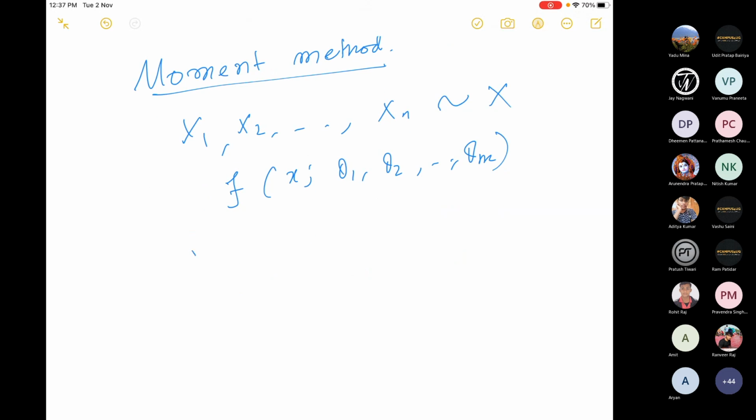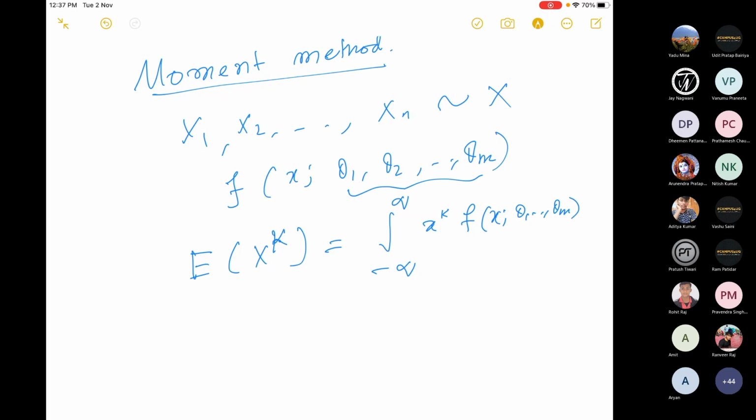Then I can talk about moments, about the mean, central moments, and x to the power k. What is that? This is nothing but the integral from minus infinity to infinity of x to the power k times f(x, theta1, theta2, ..., thetam) dx. Here theta is replaced by theta1, theta2, ..., thetam, and I have to emphasize that there can be multiple parameters. This is the kth population moment.